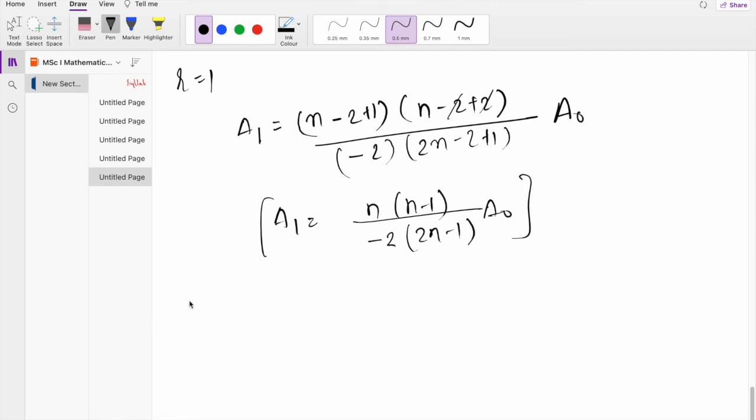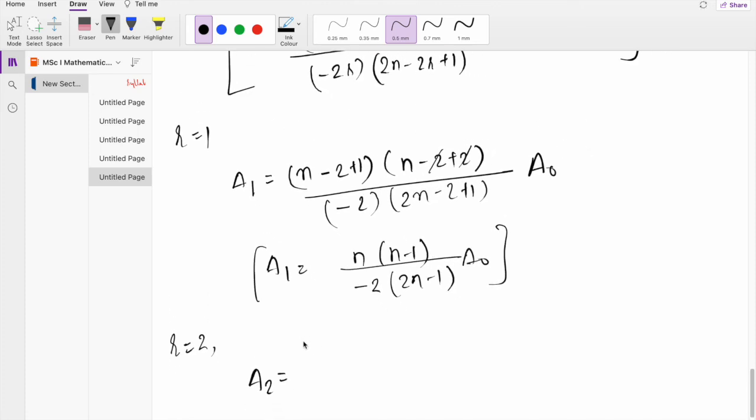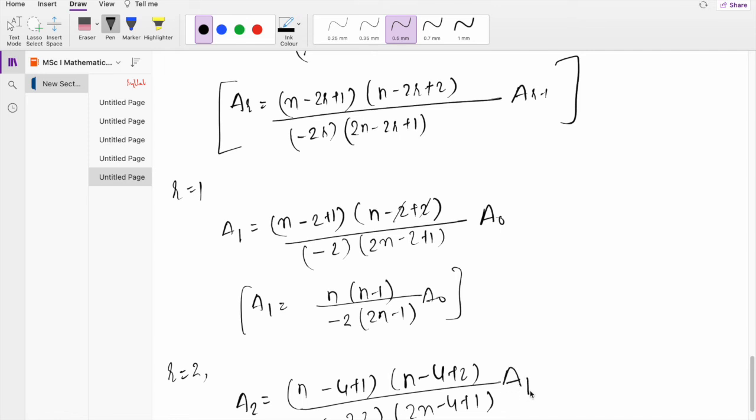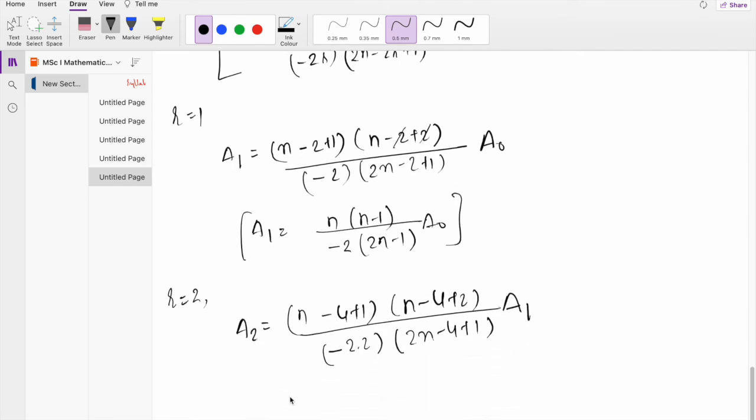If I need to calculate a2, just put r equals 2. This will give me 2 a2. So a2 will be, put r equals 2, so n minus 4 plus 1 here, this becomes n minus 4 plus 2, whole upon minus 2 multiplied by 2, here 2n minus 4 plus 1, and this is a1, 2 minus 1 is 1.